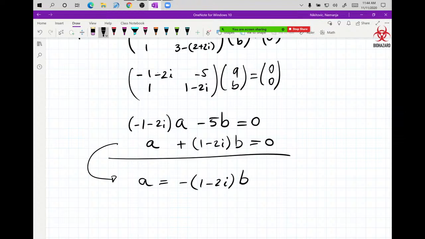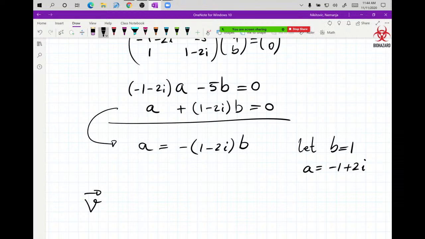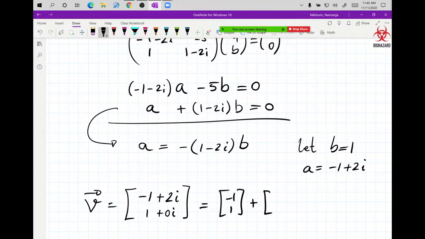And that is going to give us that if we let b equal to 1, then a is going to be negative 1 plus 2i, which creates our vector v to be negative 1 plus 2i and 1. Now I can write that as negative 1 plus 0i, 1 plus 2, 0i.